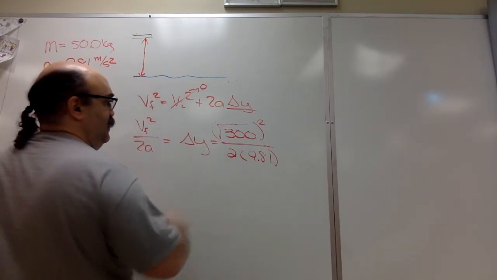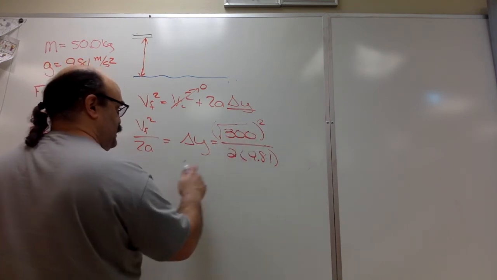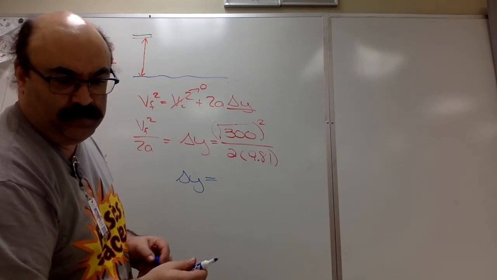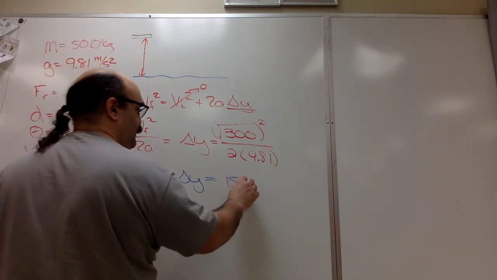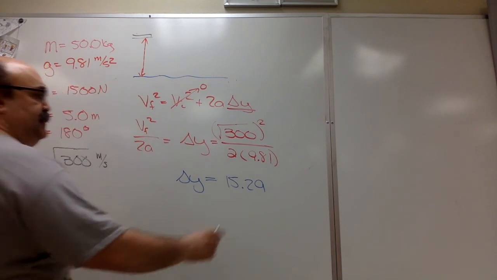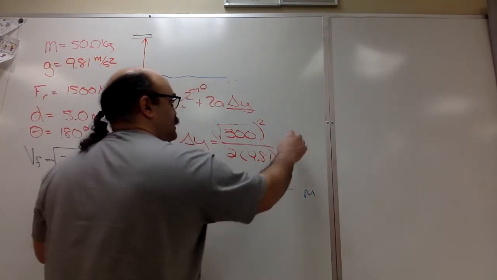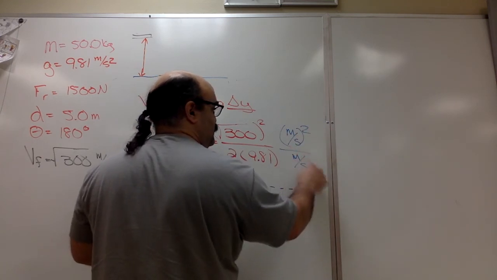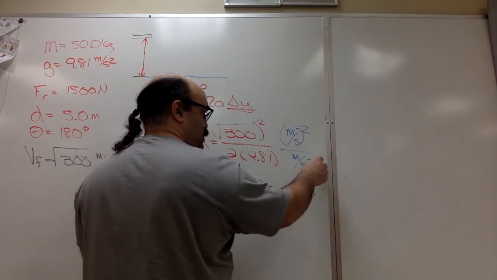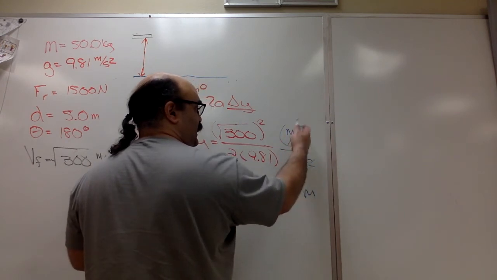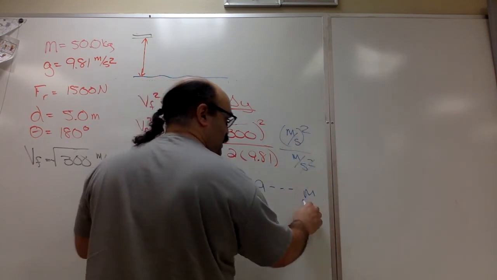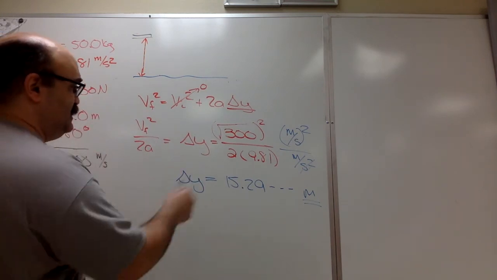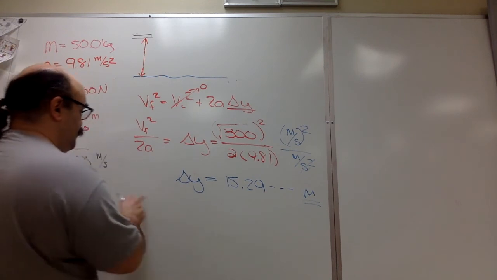If we solve, delta y must simply equal 15.29 something, and that's in meters. So we have meters per second quantity squared over meters per second squared, acceleration. Our units cancel, leaving meters squared over meters, which leaves a unit of meters, which is good. That's what we wanted.